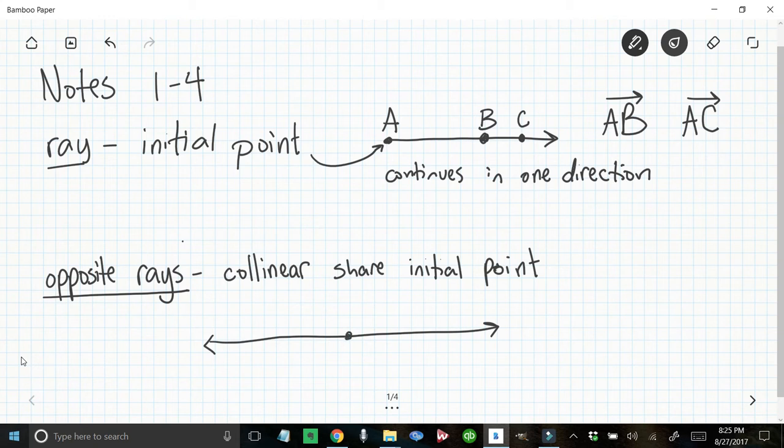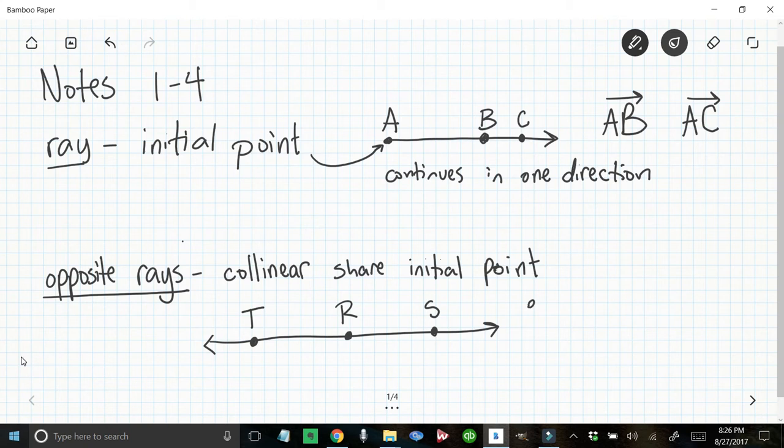And then put a point someplace. It doesn't have to be right in the middle, but I just drew one there. Let's call that point R. And then I'll put some other points on here. Let's call this S, and let's call this point over here T. Well, this basically just looks like a straight line, but it's made up of two rays that are collinear, and they have that same initial point.